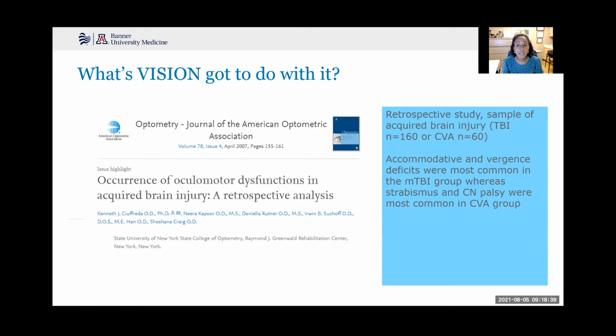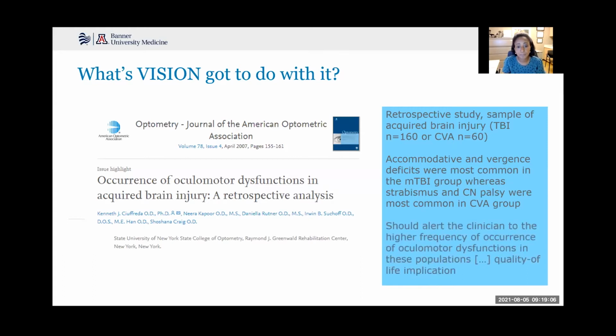So the study found that most of the visual diagnoses in the mild TBI group were centered around ocular motor and focusing problems. So looking at accommodative issues, urgent issues are most common in TBI, and more of the obvious, like to the naked eye difficulties, like an eye turn, strabismus, or nerve palsy was most commonly found in the CVA group.